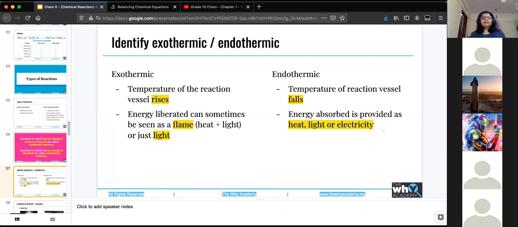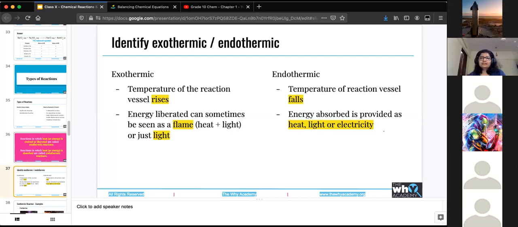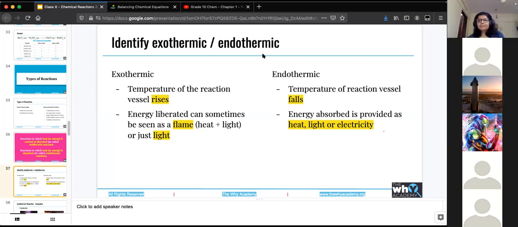So how do you identify if a reaction is exothermic or endothermic? These are the context clues, hints from the question or the reaction statement, to figure out if a particular reaction is exothermic or endothermic.